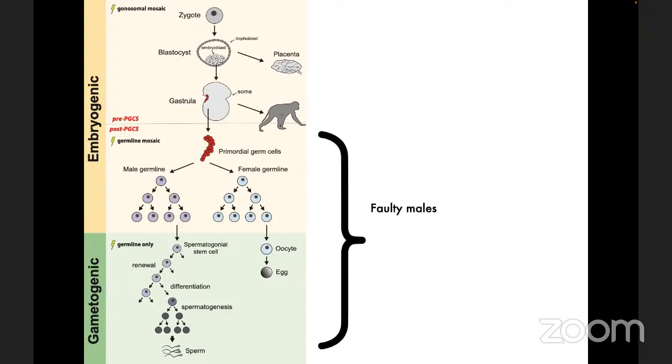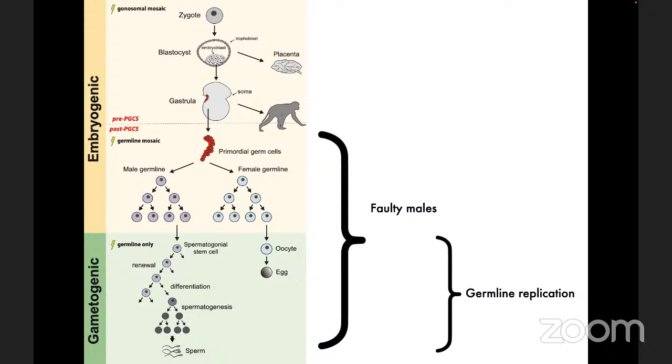The faulty male model says that as soon as you specify the sex of all of the cells, you get more errors in one than the other. And just for perspective, the germline replication model is really saying everything's the same before puberty, and then after puberty is when the differences start to accumulate. And I think that is actually different, in terms of where the difference between males and females kicks in.